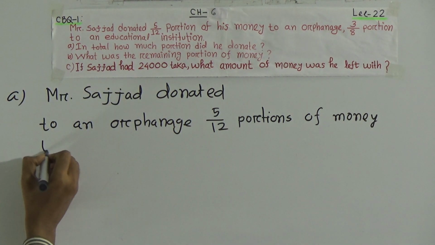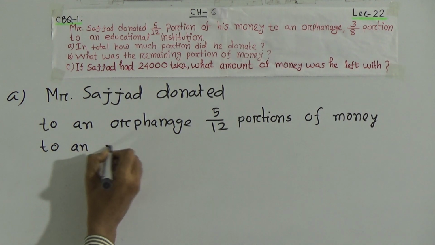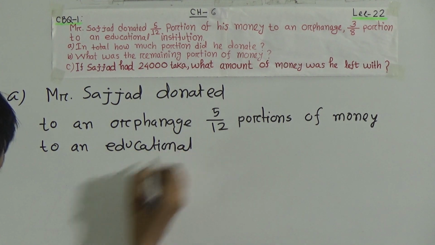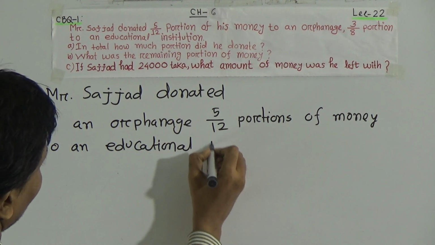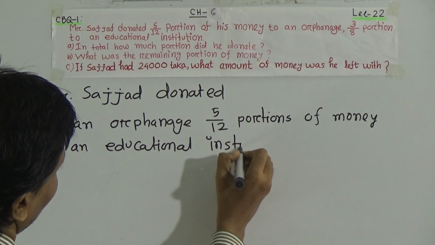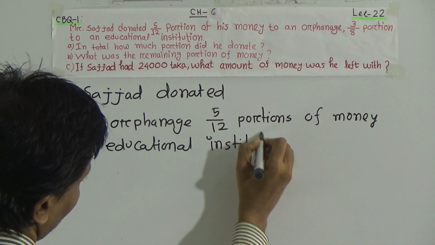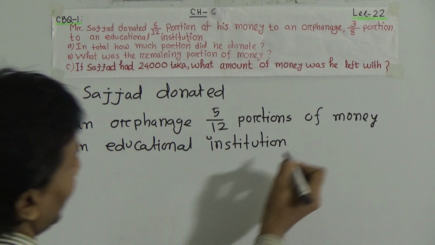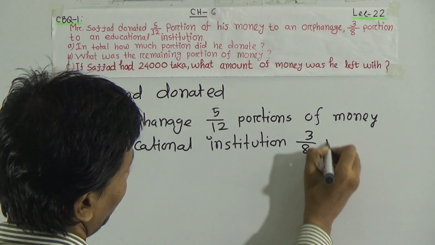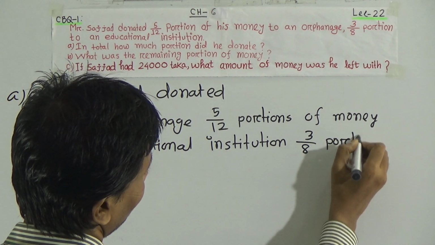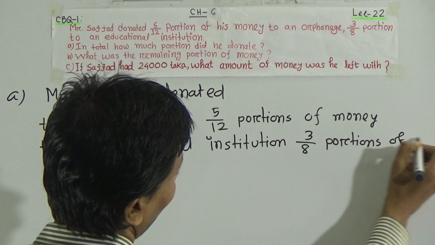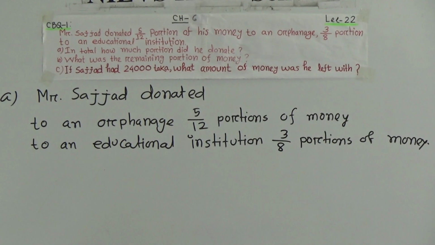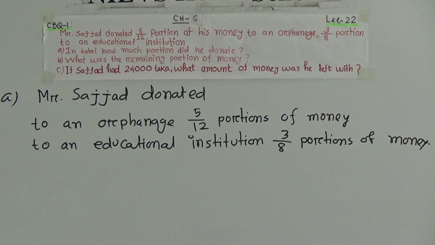Then to an educational institution. Educational institution, 3/8 portion of money. Now, question: in total, how much portion did he donate?